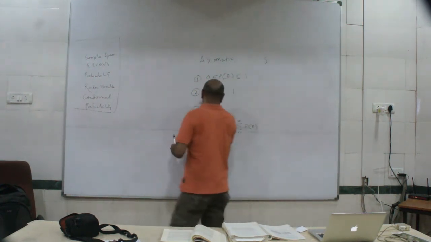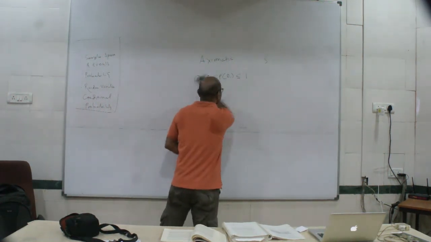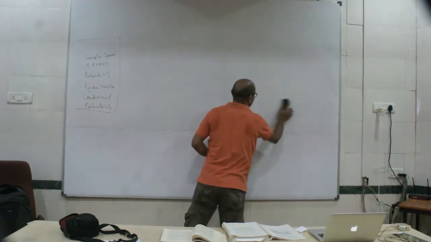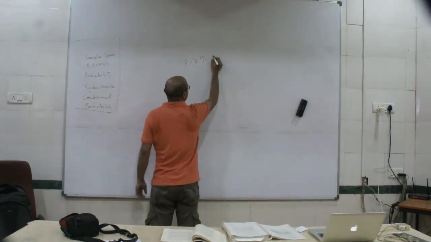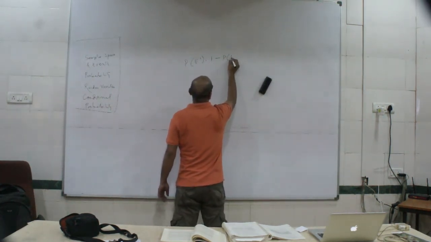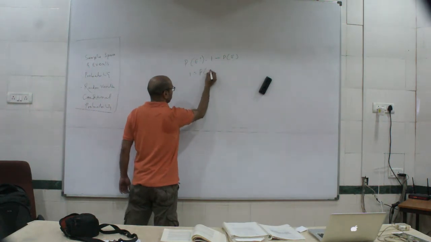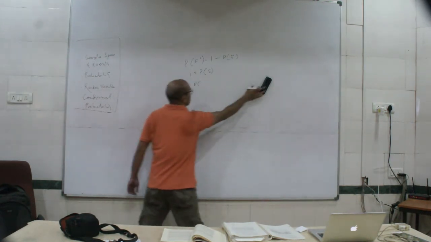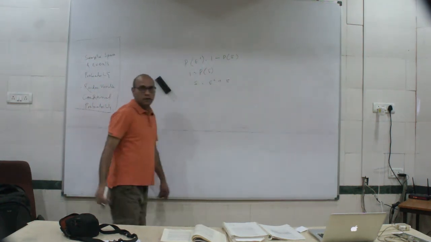Some simple things: if I want to do the probability of E complement, it is 1 minus the probability of E, right? That is, 1 is equal to the probability of S, and S is equal to E complement plus E, right?